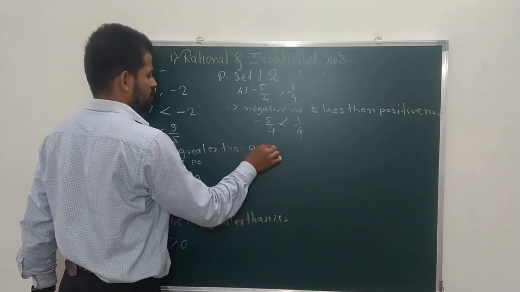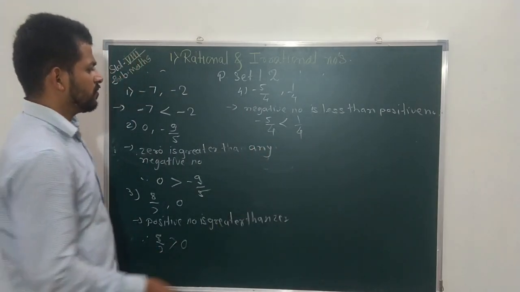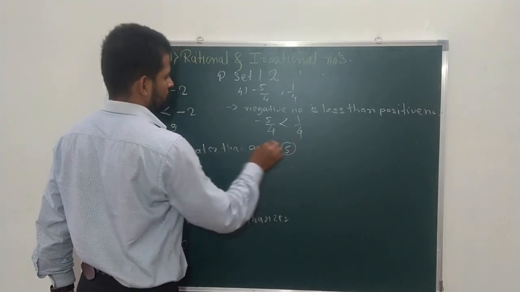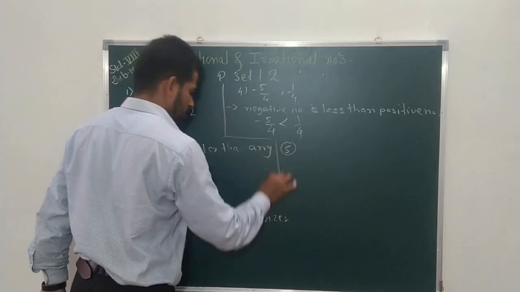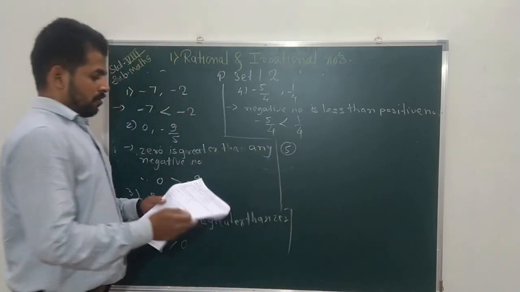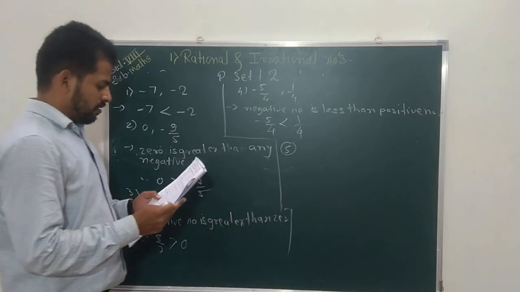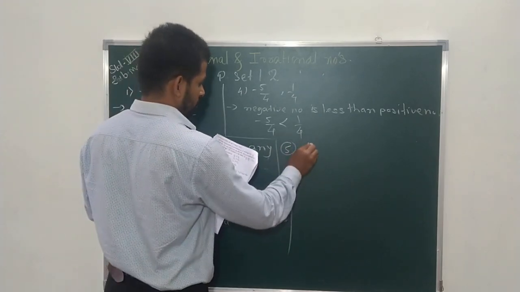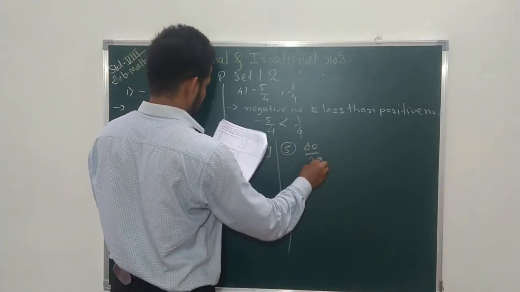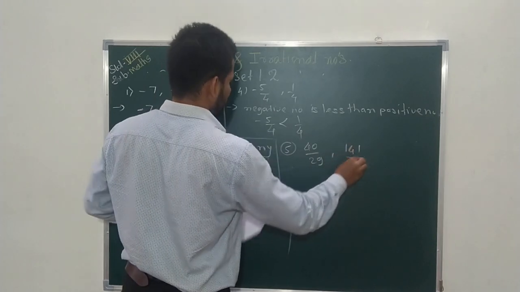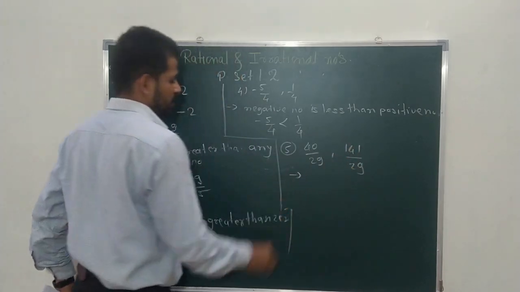Next, fifth one, 40 upon 29 and 141 upon 29. Let's see.